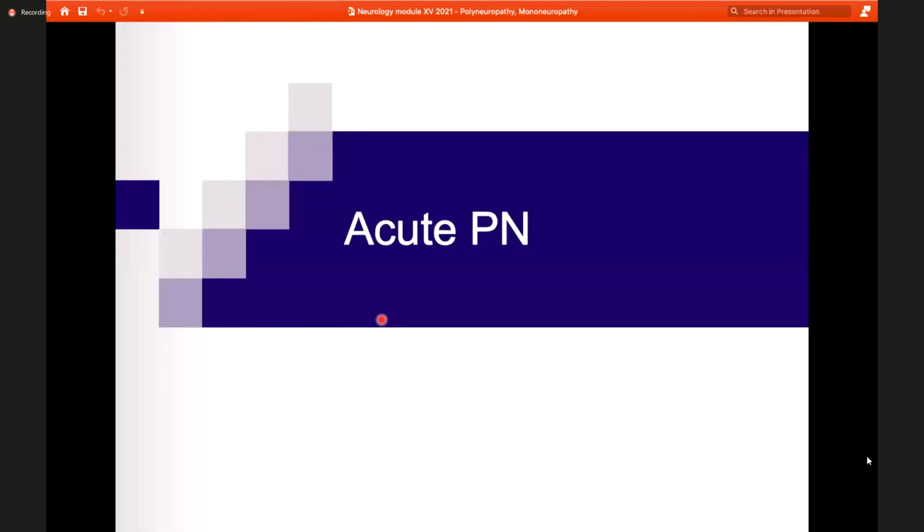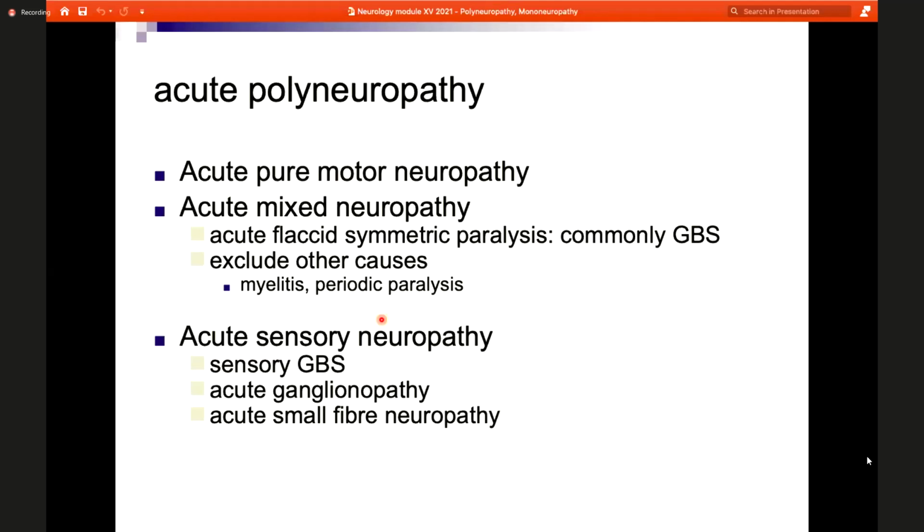Quickly about acute polyneuropathies, as I have already mentioned, you can have acute pure motor neuropathy, which is Guillain-Barré, or AMAN. Then acute mixed neuropathy can be AMAN or AIDP. But you must exclude other differential diagnoses.